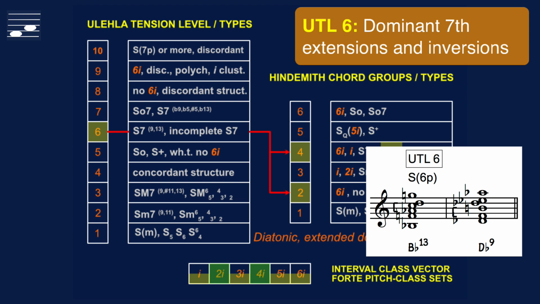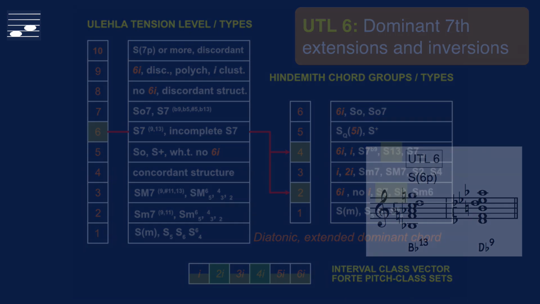We may also construct 6-part chords at tension level 6. Here are 2 examples. Let's listen to the set of examples, starting with the tetrachords.